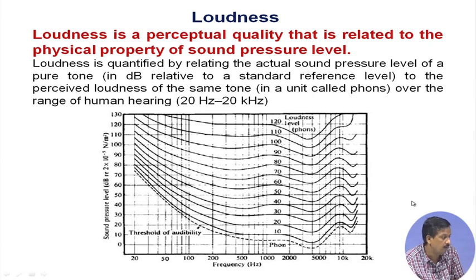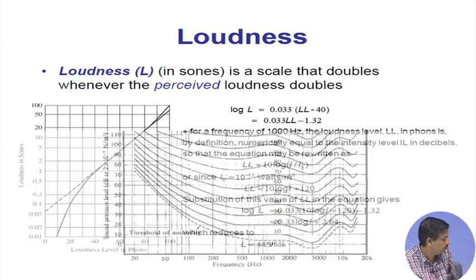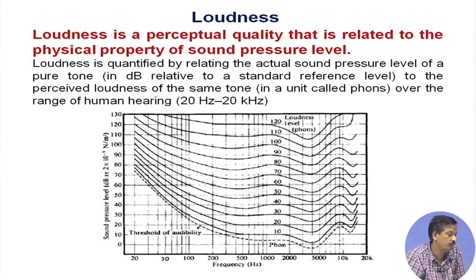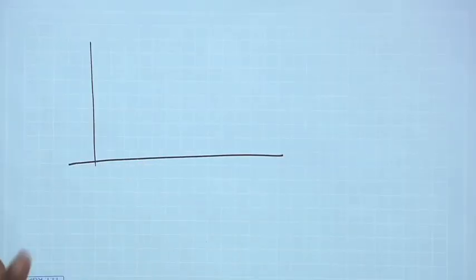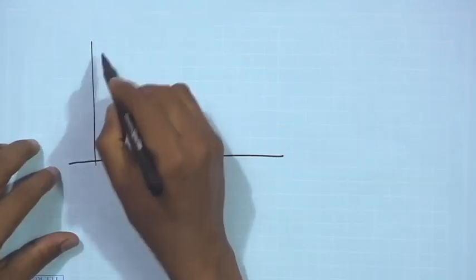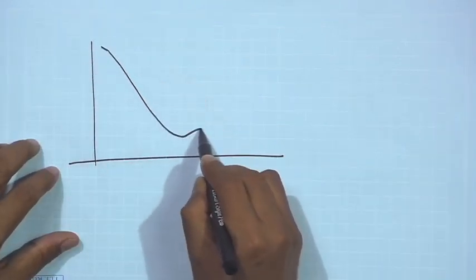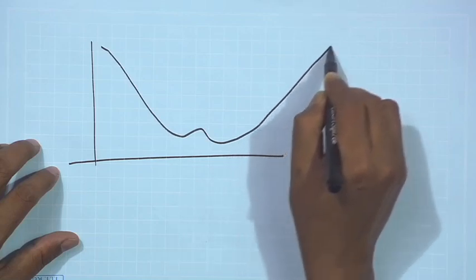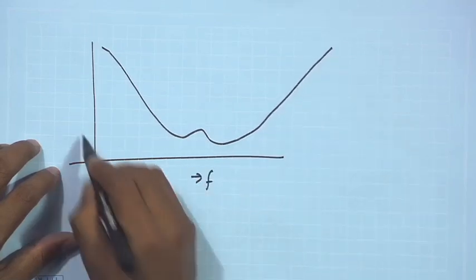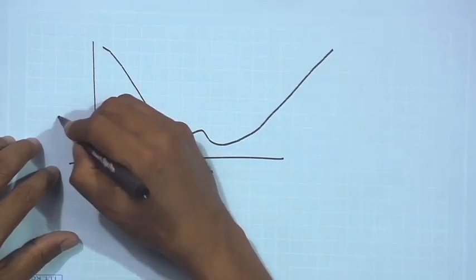Then the loudness curve. Now, if you remember the combined frequency response of the outer ear and middle ear, it looks like this. This way is the frequency, this way is the loudness in dB.